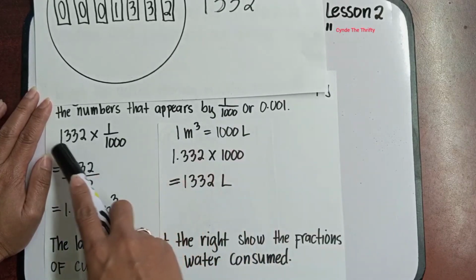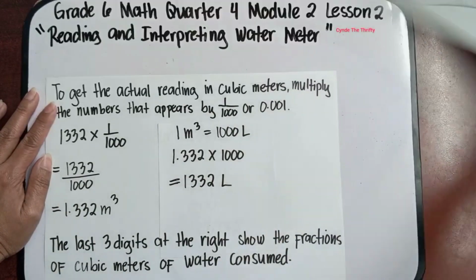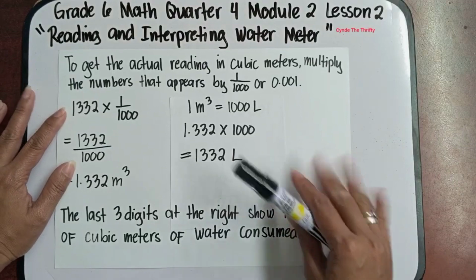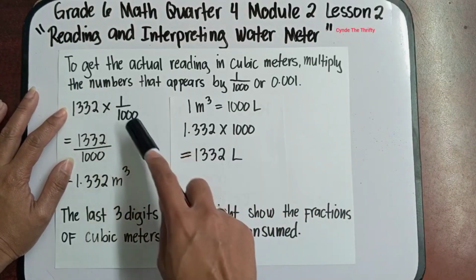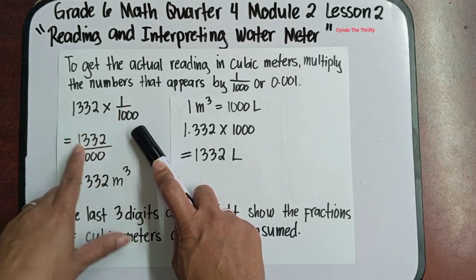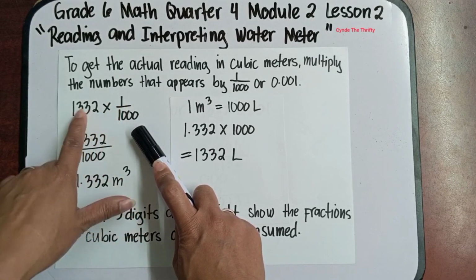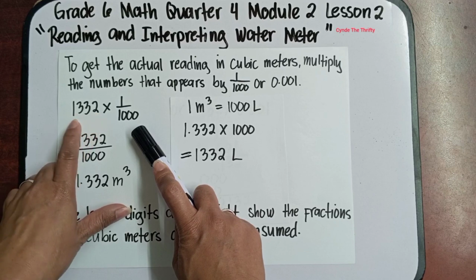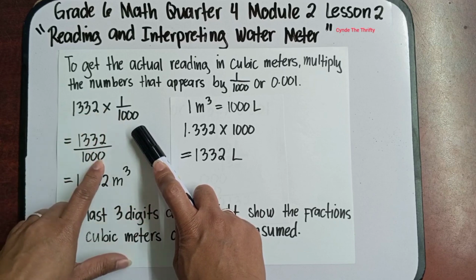So, meron tayo ditong 1332 na reading. Ang gagawin natin is i-multiply natin siya sa 1 over 1,000. So, 1,332 times 1 equals 1,332. Kapag whole number, automatic, meron siyang denominator na 1. So, 1 times 1,000 equals 1,000.